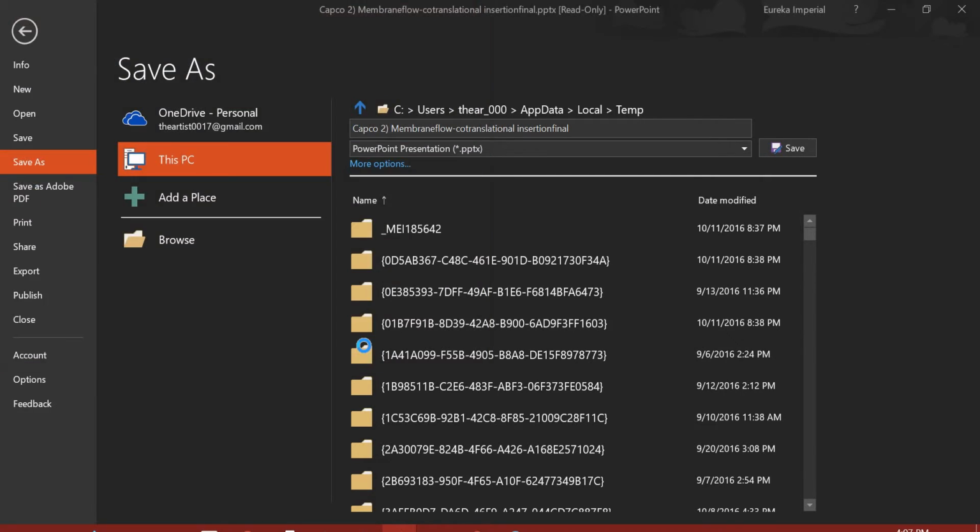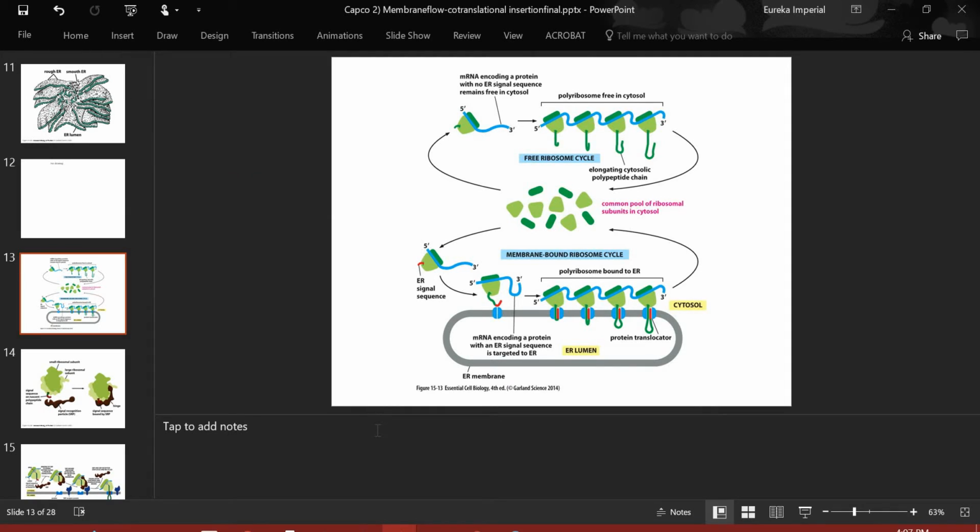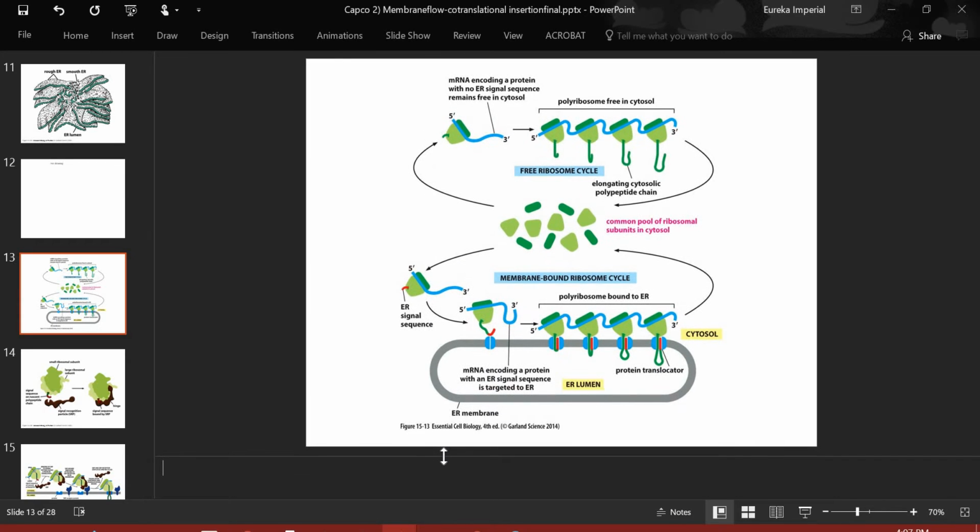These are totally different populations of messenger RNAs. The ones that code for proteins with no sequence that says take me to the rough endoplasmic reticulum are totally different from the ones that go to the membrane-bound polyribosomes in the rough endoplasmic reticulum.